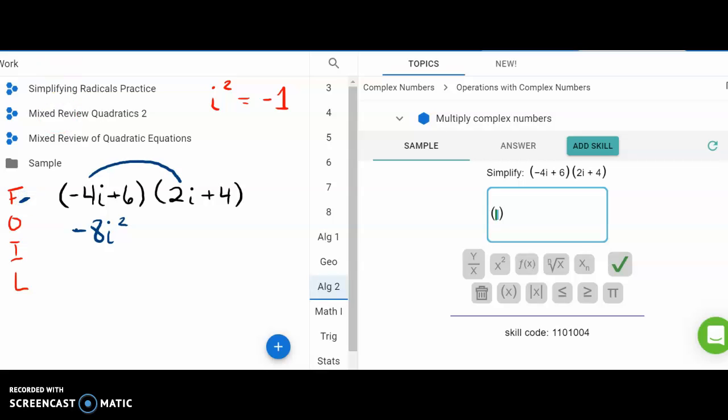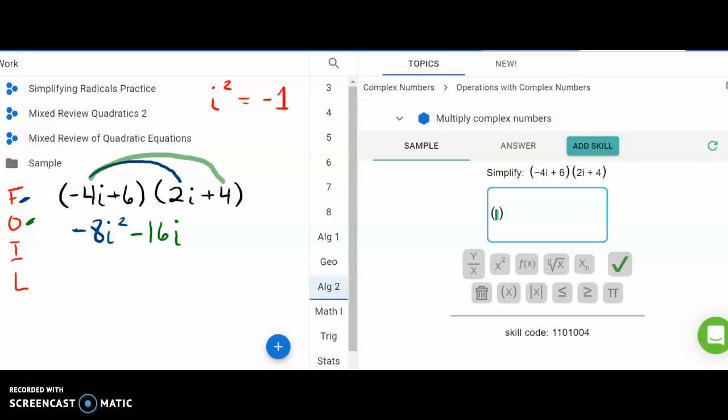Now let's go into outer, which is just -4i times 4. And over here, this would be like -4 times 4, which is -16, and this one doesn't have an i, so we'll just bring down the i.